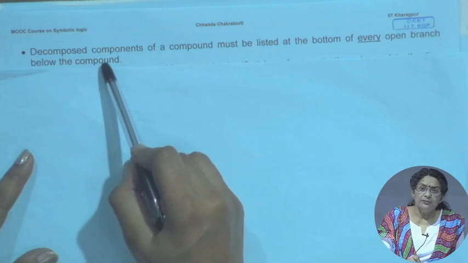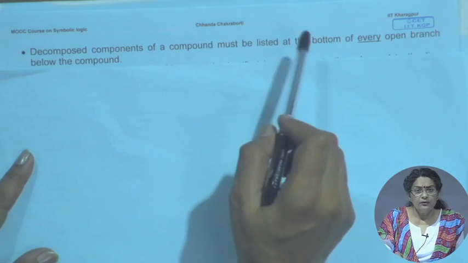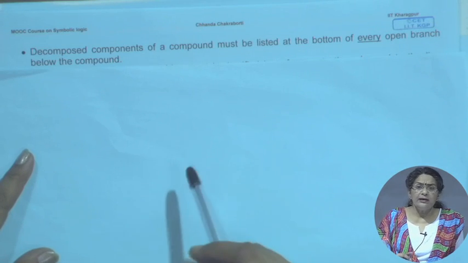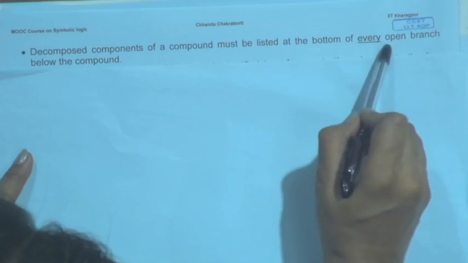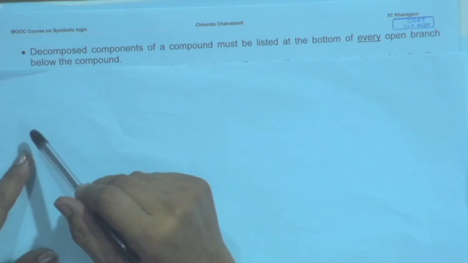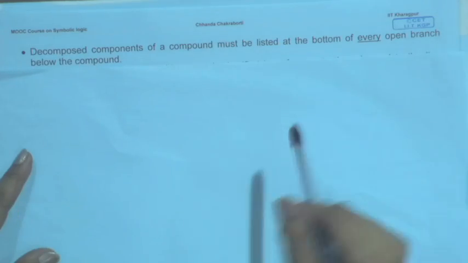The compound that you are decomposing, the result of the decomposition must be listed at the bottom of or under every open branch that runs through that compound. It is like parental property. If you think about the compound as the parental property, then who gets it? All the inheritors, all the legitimate progeny, the sons and the daughters should get it. All right. So, whatever branches still open under this compound should get the result of the decomposition. Remember that. Other branches which are not running through this compound need not get the results of the decomposition.